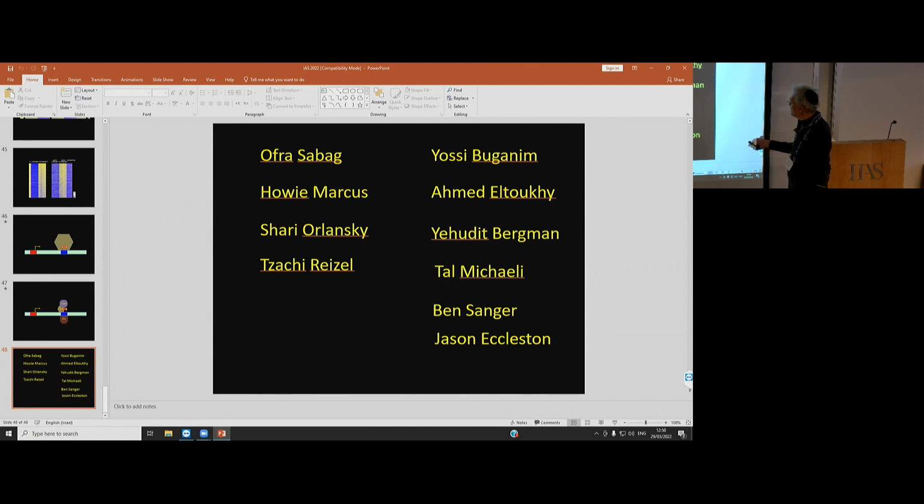And Yehudi, as he already pointed out, and I'm going to point out again, we have a long-standing, wonderful collaboration, which has not only enriched the science but enriched our lives as well. Tal did a lot of the work on the muscle, and part of the work was done by Ben Sanger in Philadelphia together with his student Jason. And I thank you very much.